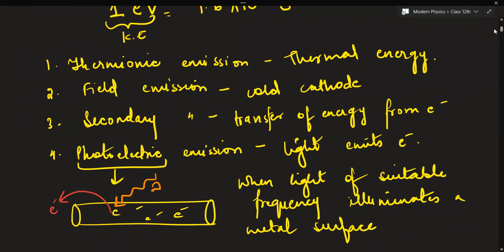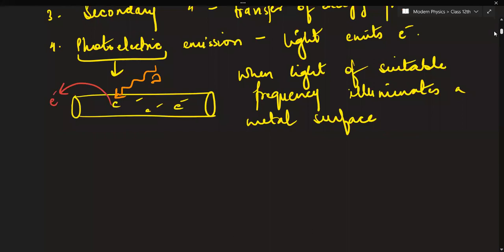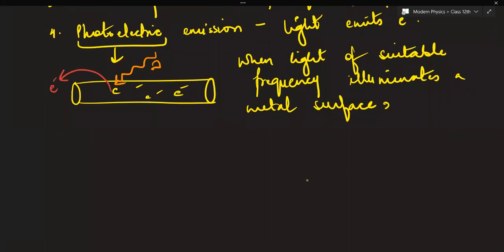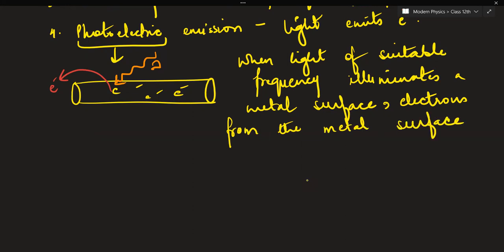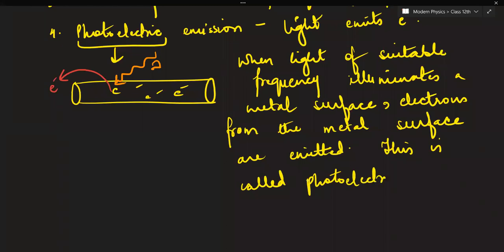electrons are emitted, and that emission is known as photoelectric effect. Electrons from the metal surface are emitted. So this is called photoelectric effect.